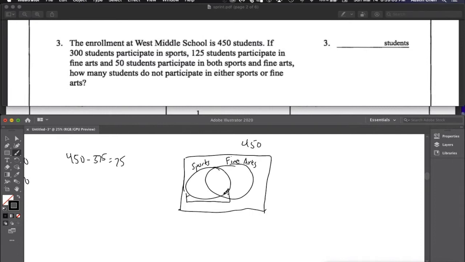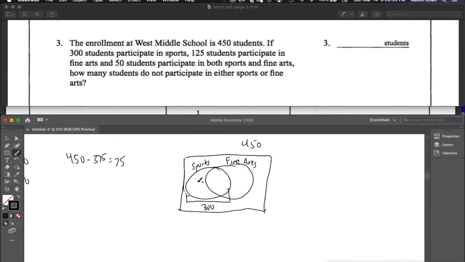So basically, 300 students participating in sports, it's saying that this entire bubble will be 300. I'm thinking of the bubbles as values, and regional values is how many students fit into that region. So when it says 300 students participate in sports, then my whole sports bubble is going to be 300 students.